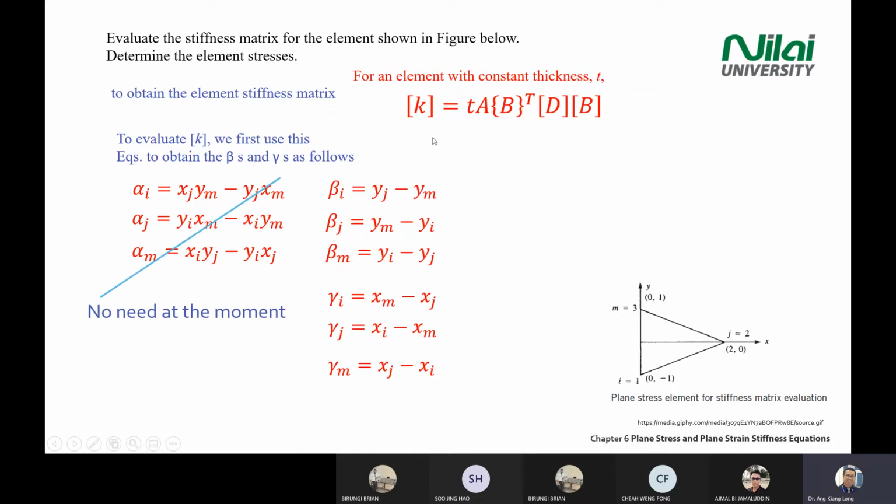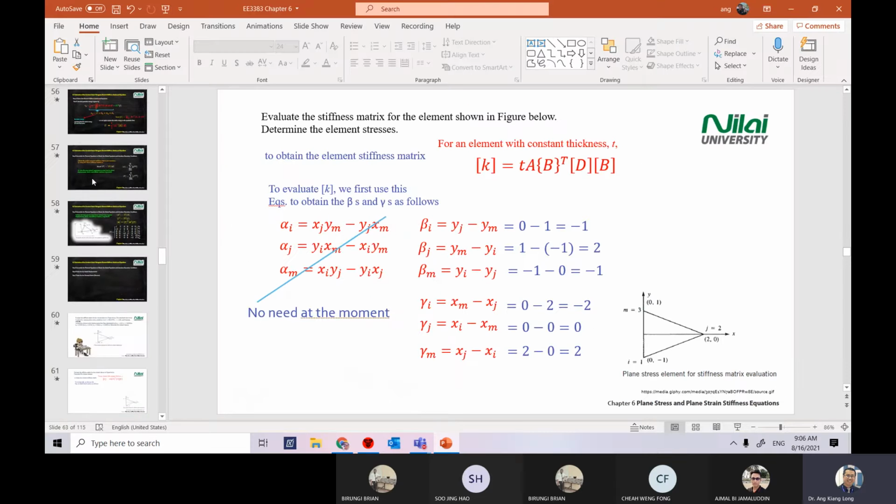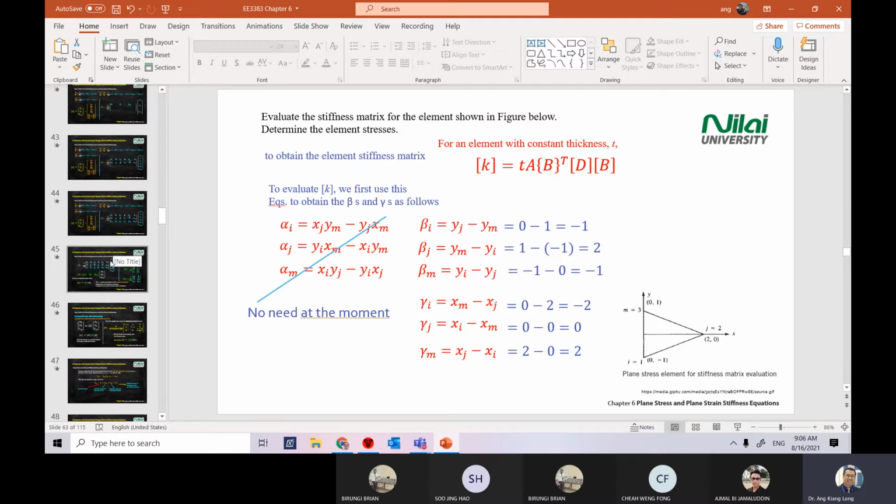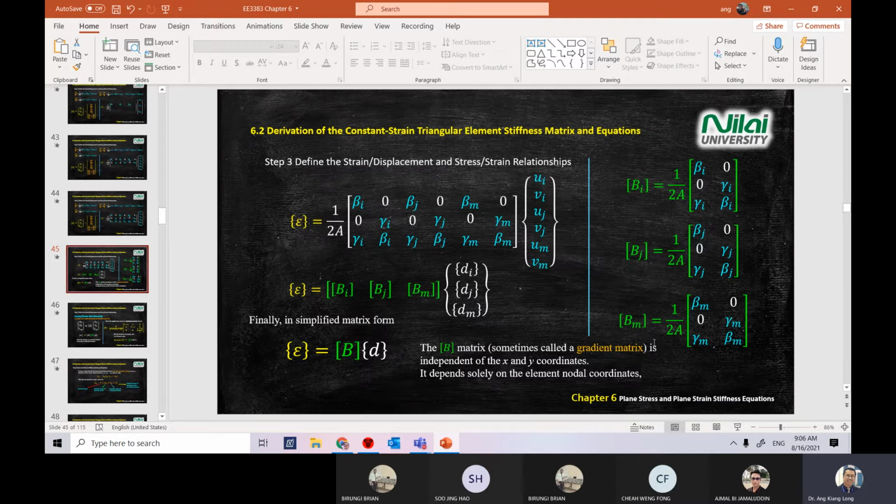At the moment, we don't need to find the alpha. After you find these numbers, you focus on the beta and gamma values. Why? Because only those are involved in your B matrix. You can see on the screen here, the B matrix consists of beta i and gamma i and so on.